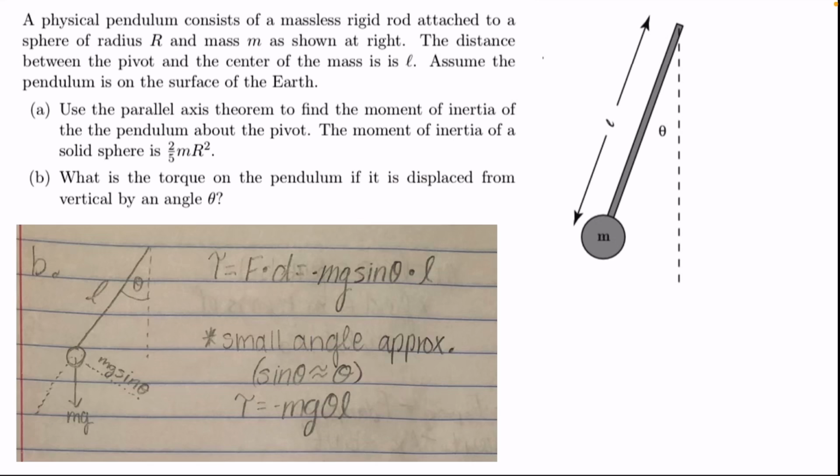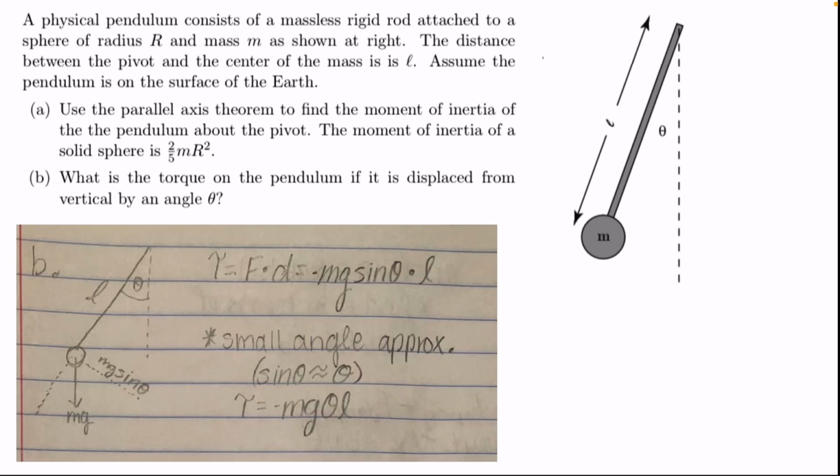So that mg sine theta is the force essentially that's driving that pendulum back and forth. And then you also have to multiply that by the length of the rigid rod. So that's how we got the torque equals mg sine theta times L.